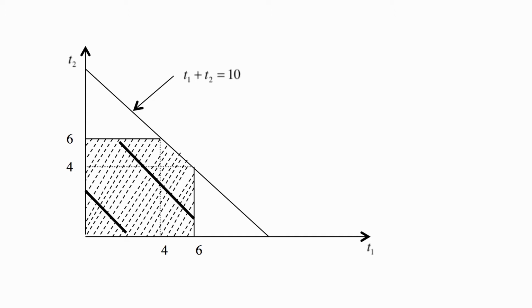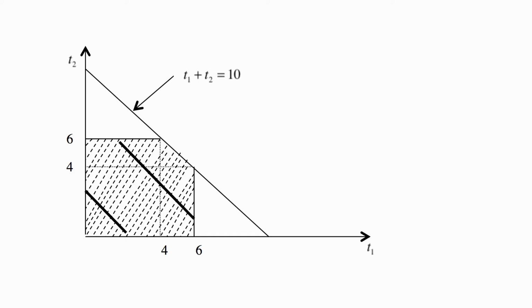So it's a straight line with a slope of -1, with the T2 intercept of 10 and T1 intercept of 10, because whenever one of the T1, T2 variables is 0, the other one is 10. And it cuts this 6 by 6 square at the points where T1 is 4 and T2 is 6, and the other point is where T1 is 6 and T2 is 4.